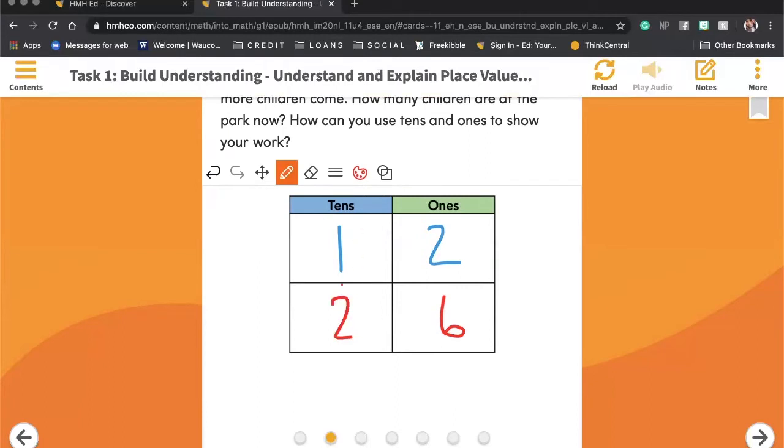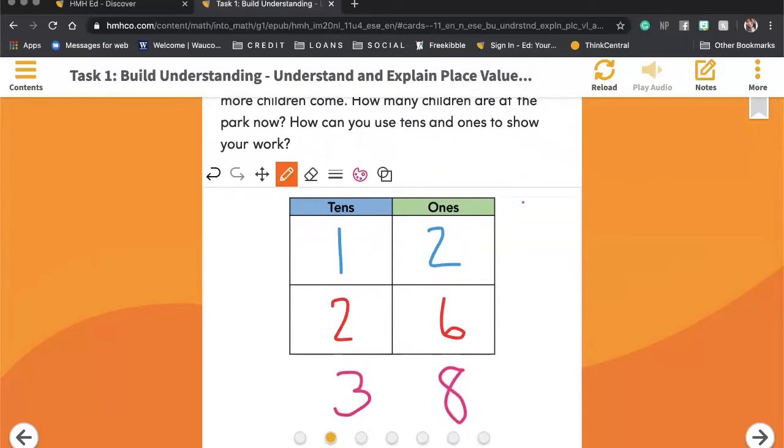So I have 2 ones and 6 ones. If I add 2 and 6 together, that will give me 8. If I have one group of 10 plus 2 groups of 10, that gives me 3 groups of 10. So altogether, there are 38 children at the park.